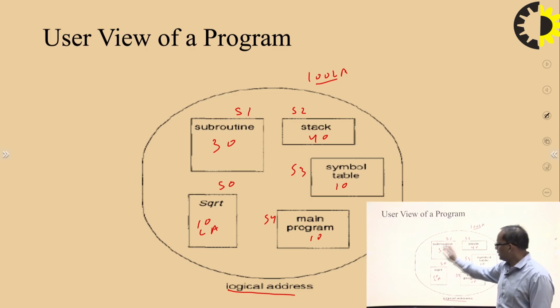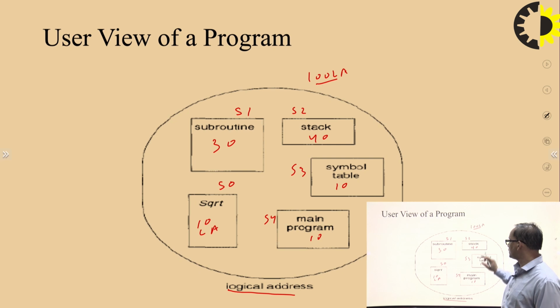So if our program or logical address space consists of 100 addresses, and we divide it into 5 segments, these overall logical addresses will belong to different segments. So 10 addresses belong to S0, 30 to S1, 40 to S2, 10 to S3 and 10 to S4.